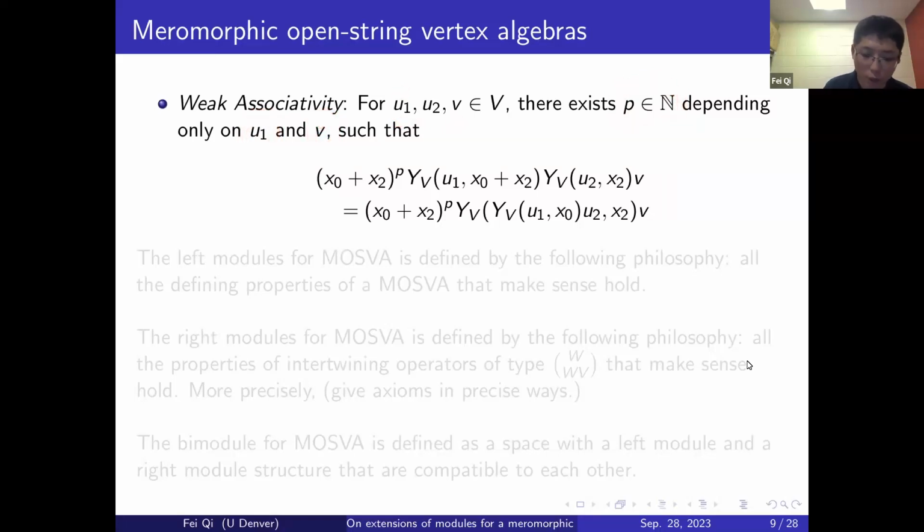And then we require the weak associativity to hold, so x0 plus x2 to the... so the products and the iterates are the same after the multiplication by a sufficiently large power of x0 plus x2.